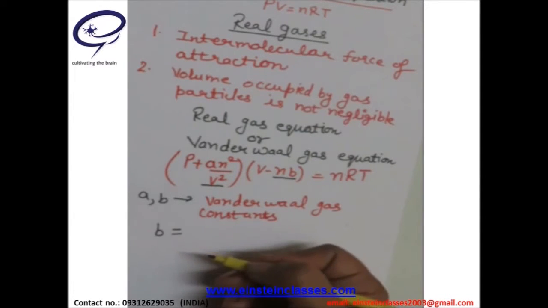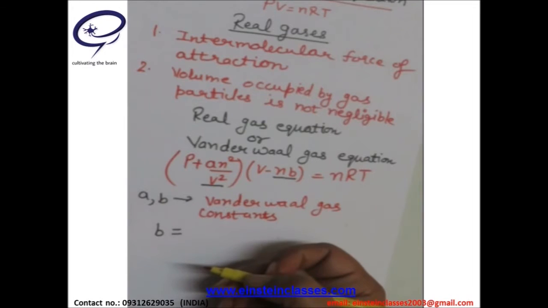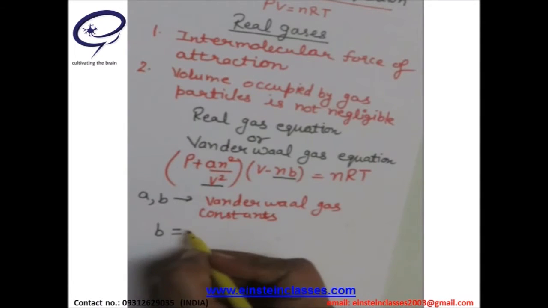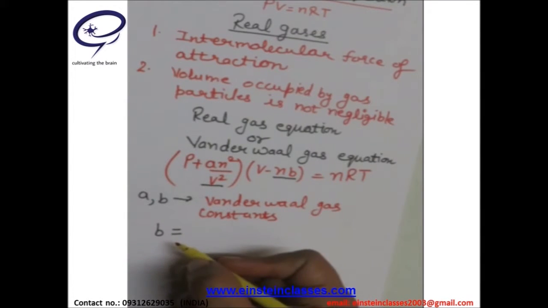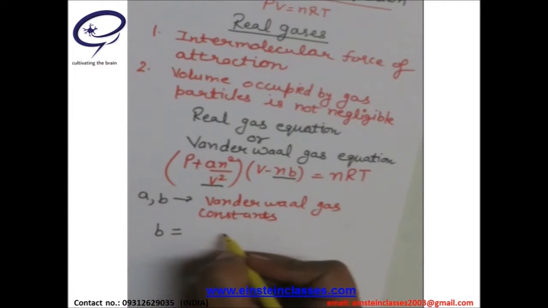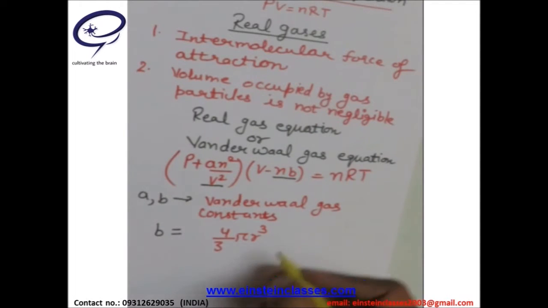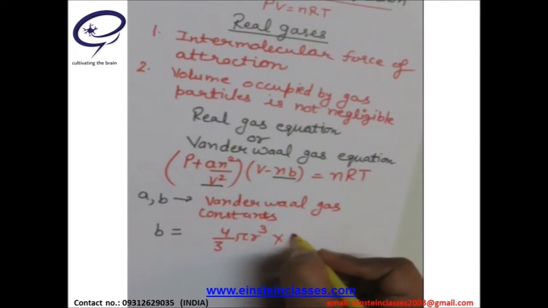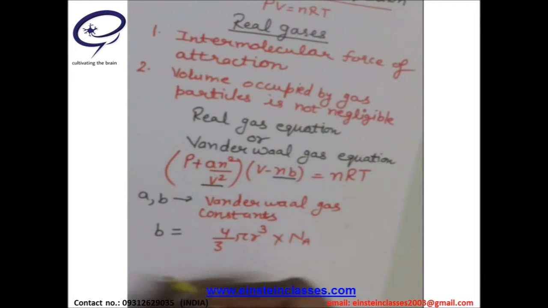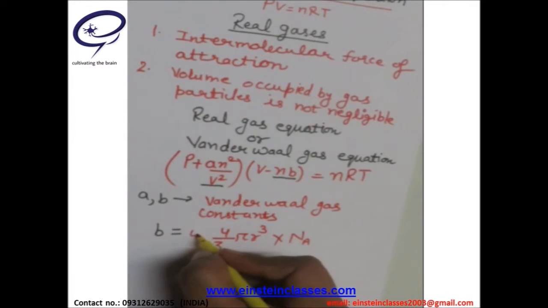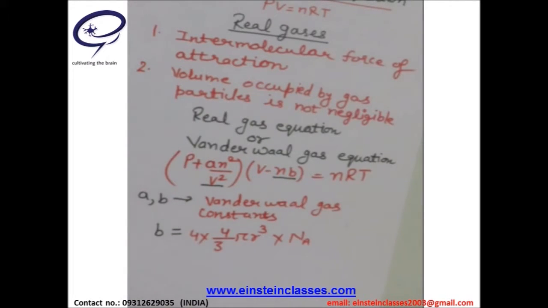There is another relation for the van der Waals gas constant b also. b is the volume occupied by 1 mole of gas particles, so its value can also be expressed in other terms. The volume occupied by one particle is 4/3 πr³, assuming it to be spherical in shape, and for 1 mole of gas particles it is multiplied by the Avogadro number. Experimentally, this value comes out to be 4 times this.